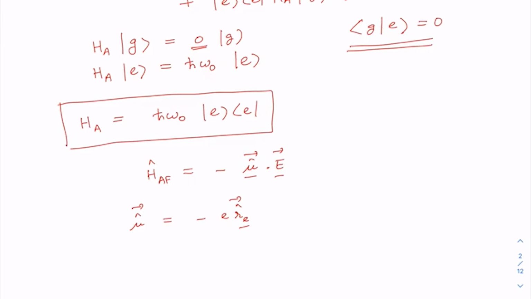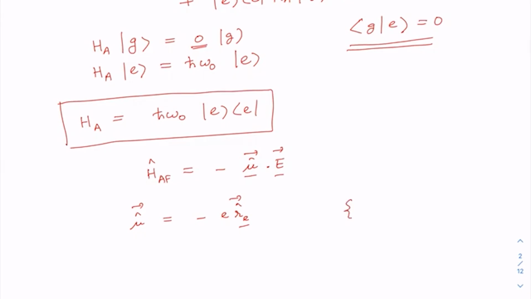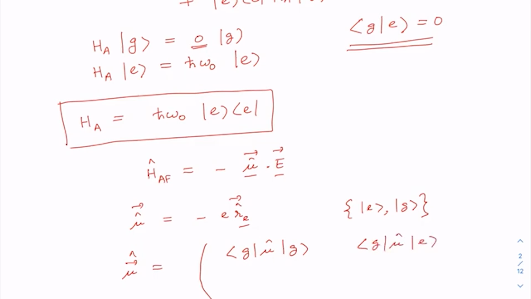We can express the dipole moment operator also in the basis states of ket e and ket g. This is our basis states, and it can be written in the matrix form as follows. Let me write it. We have the elements ⟨g|mu|g⟩, then ⟨g|mu|e⟩, ⟨e|mu|g⟩, and ⟨e|mu|e⟩.